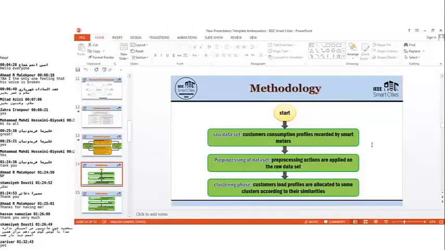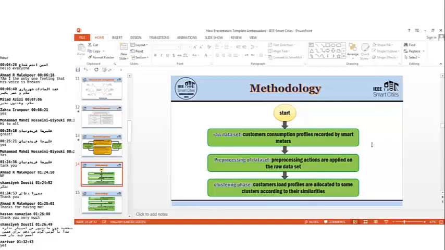The role of technology in this study and the DSM issue is very important, and as metering becomes smarter and data is achieved with high resolution, the quality of the data and the accuracy of the results will be higher.